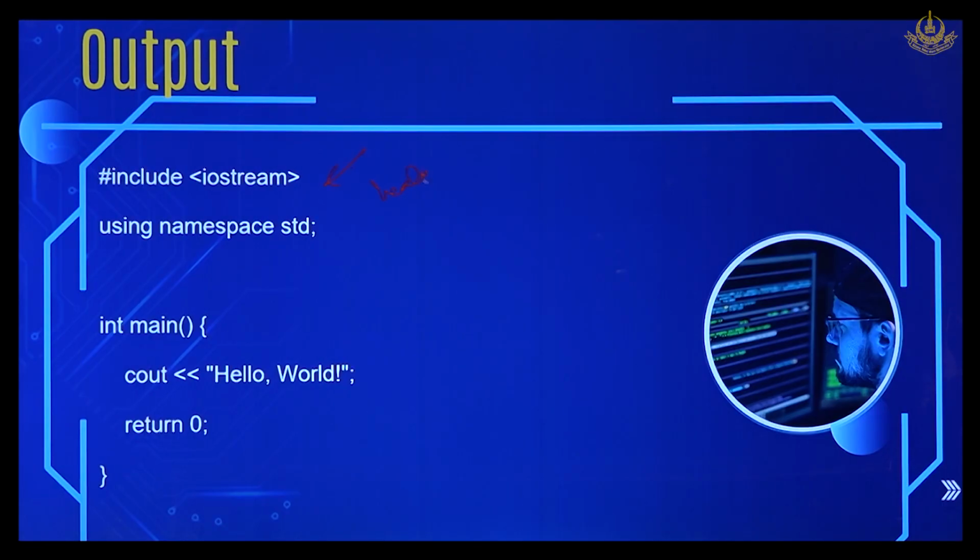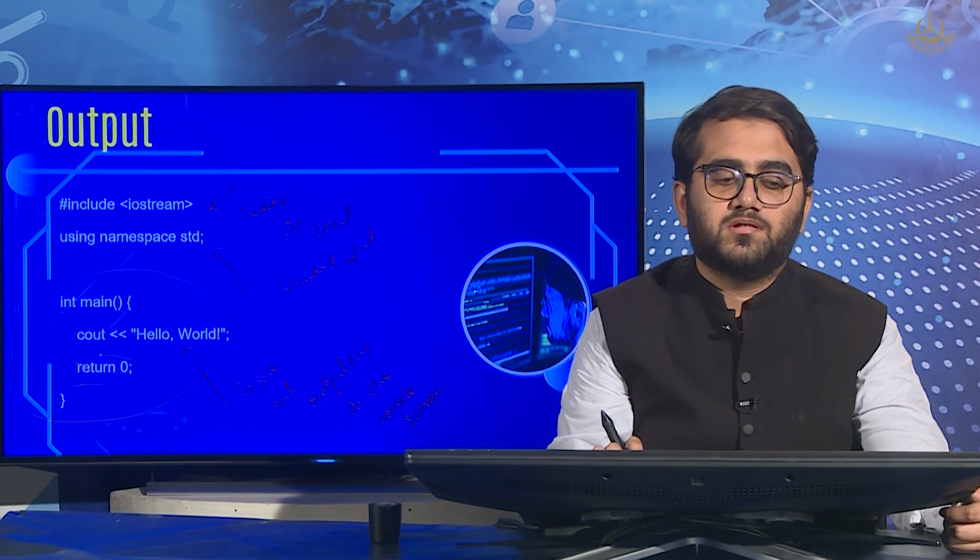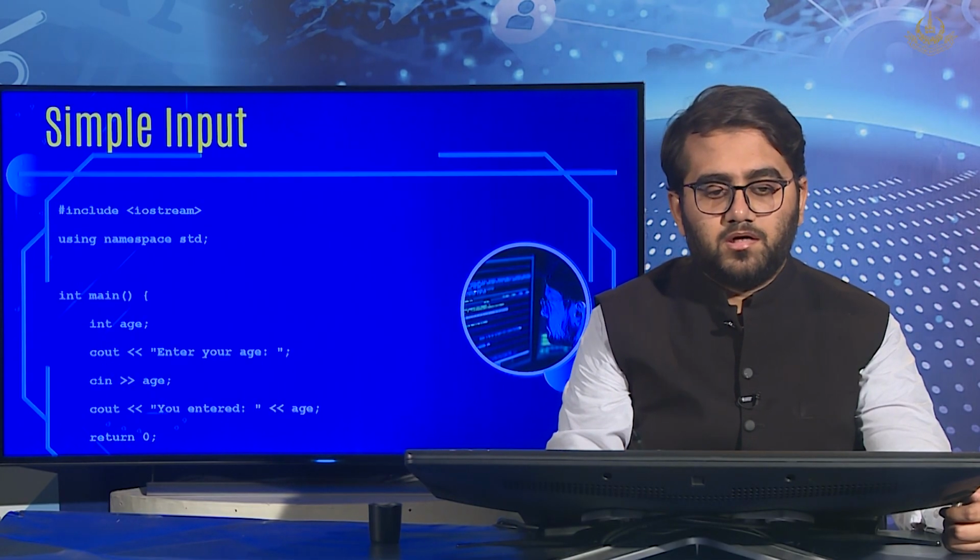We have included it so that we can use cin and cout, and then we have using namespace std, and then lastly the main function. In the main function we have used cout for outputting to the console screen, and then we are just returning a specific value within that function. Okay, simple input.